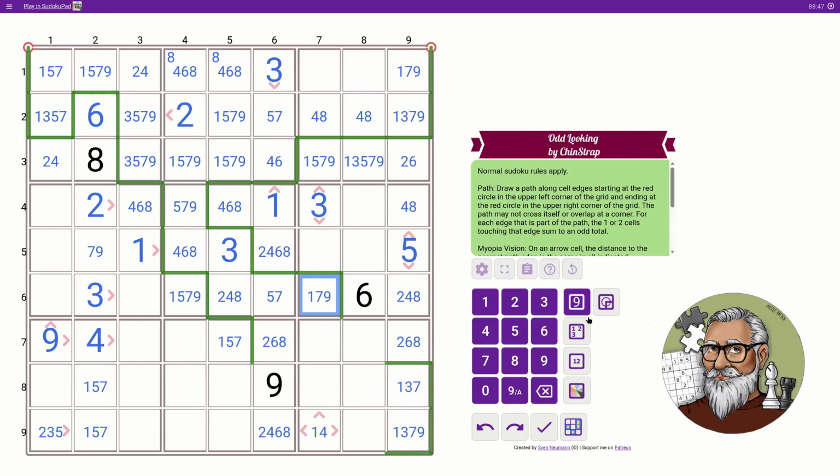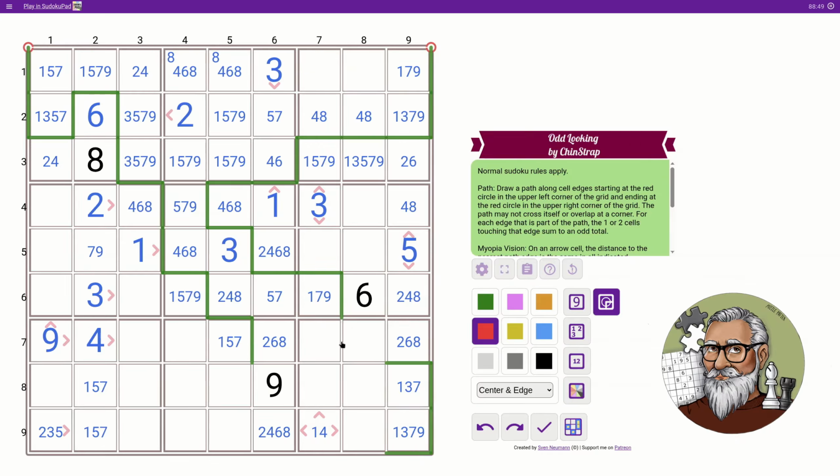Okay. And if it's the other way around, then this would have to be in this combination, because otherwise we would cross. So this would be odd, so these would be even. Let's not do that.